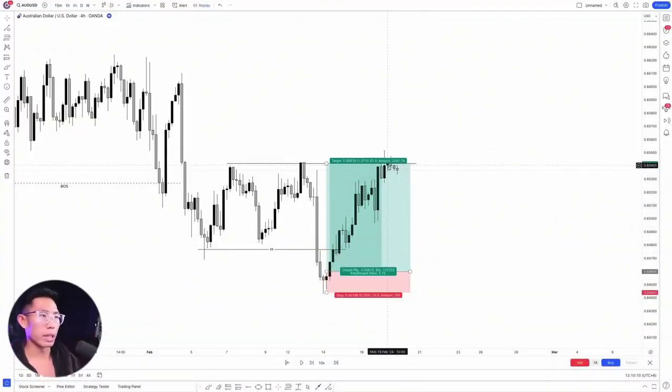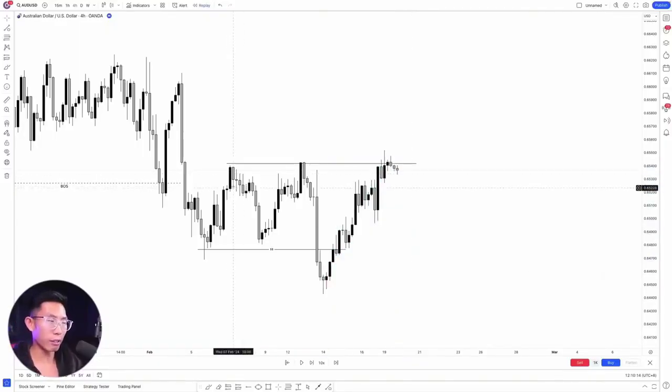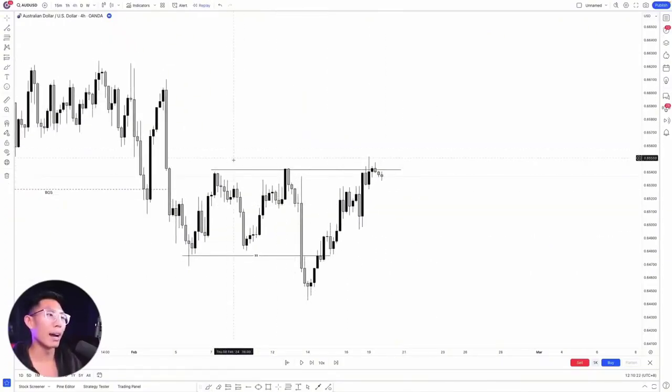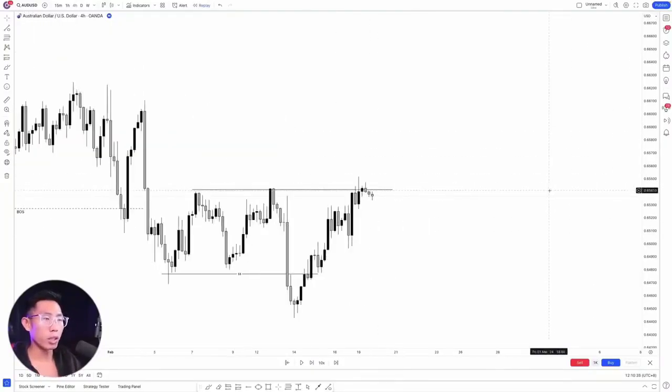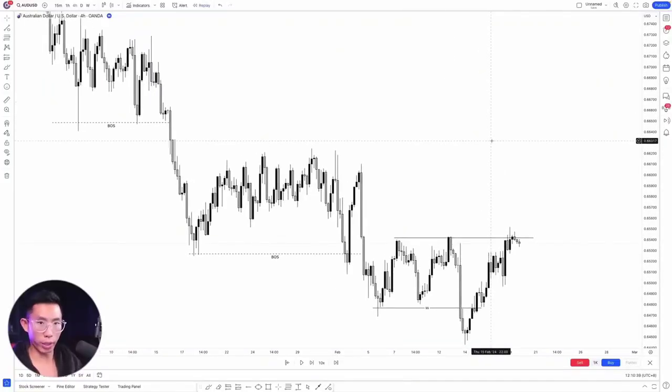And right now, since we're out of this trade, potentially we have identified your equal highs right here. We're going to be waiting for price to sweep the liquidity above these highs right here, and then that is when we can enter for a sell position, right? Because if you look at the overall trend, we are still in a downtrend, and ideally, we want to trade with the trend.